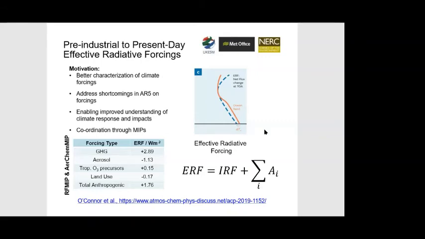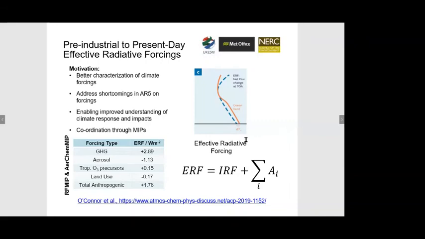So we're aiming to quantify present-day forcings from a range of anthropogenic drivers using the UK's Earth System Model, and we're exploiting simulations both from AerChemMIP and the radiative forcing MIP, which Chris Smith presented on yesterday. Between these two MIPs, it allows us to quantify quite an extensive range of anthropogenic forcings.